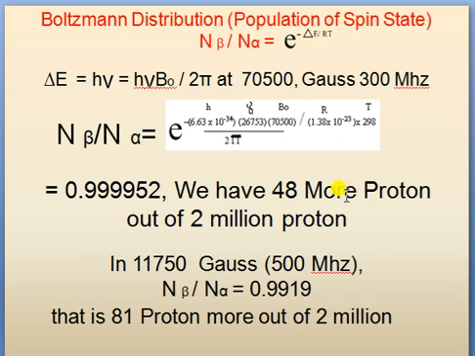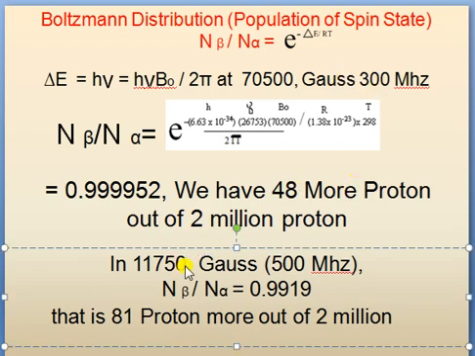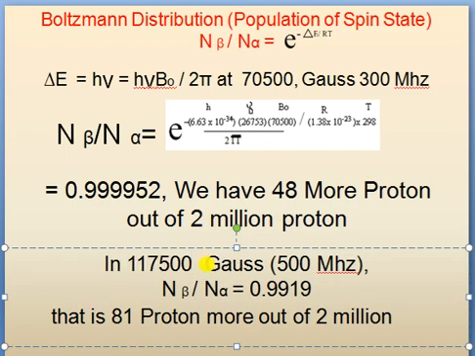If we take a 500 megahertz spectroscopy machine, that is 117,500 Gauss, equal to 500 megahertz, the number is a little bit less than here.